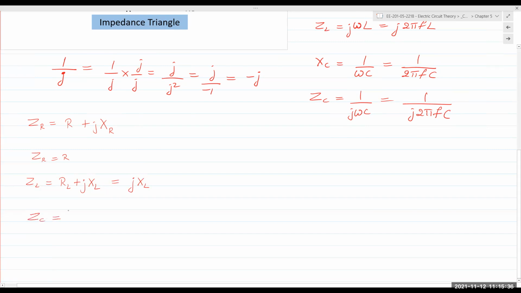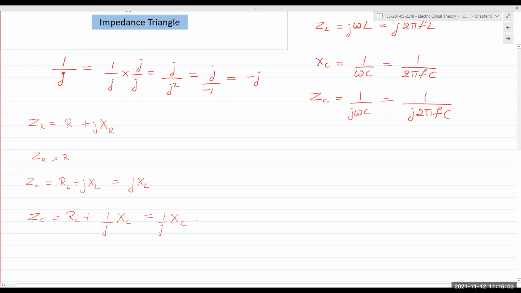Similarly, ZC would be RC plus J, or actually 1 over JXC. RC is actually infinite. This simply becomes 1 over JXC.